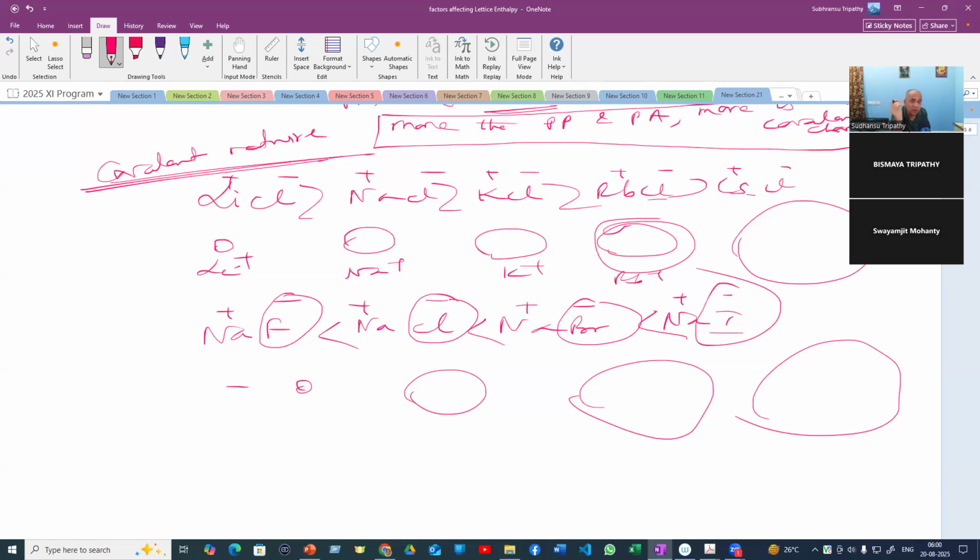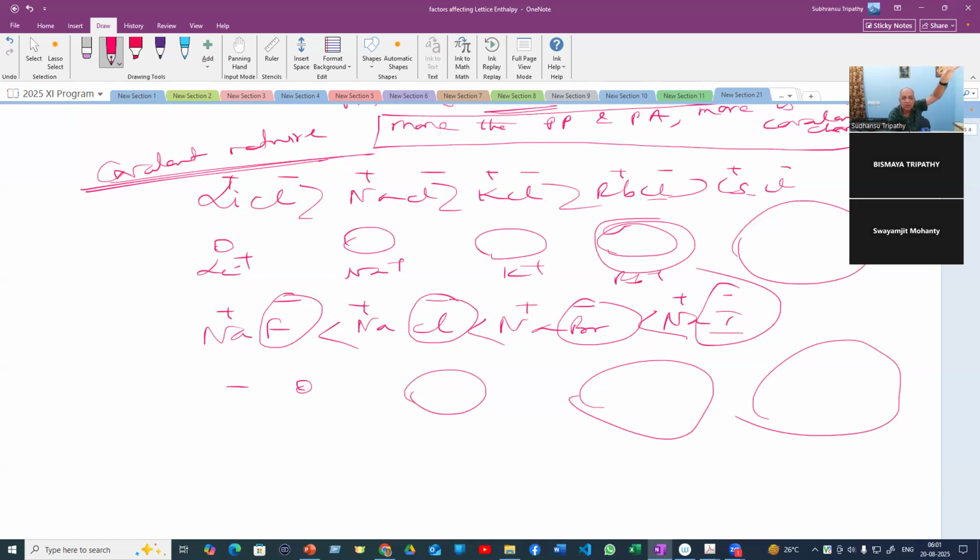The ionic nature will be governed by electronegativity difference. In the case of alkali metal halides, we saw that the ionic nature increases down the group. Cesium and chlorine have the highest electronegativity difference, so the dipole moment is maximum. But what happened to its melting point? It is the least. But lithium chloride, having the minimum ionic character and appreciable covalent character, its lattice enthalpy is not the highest.